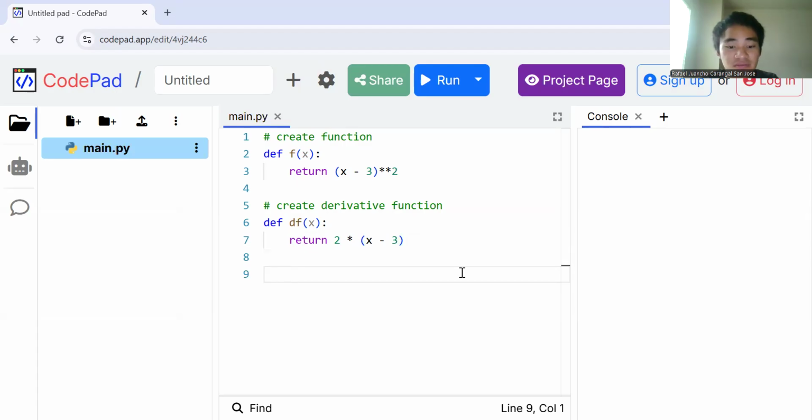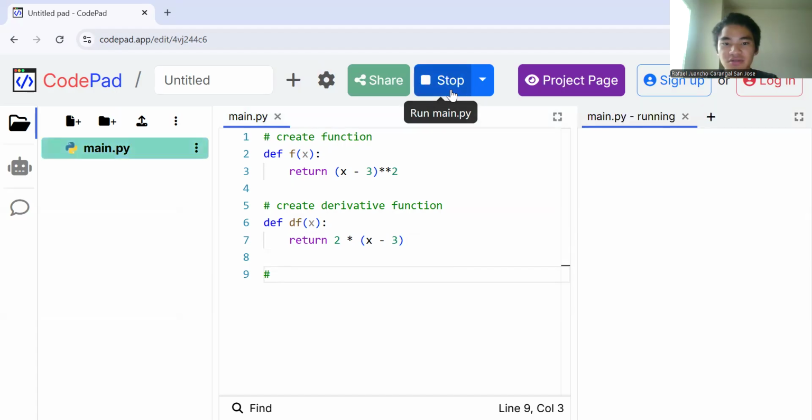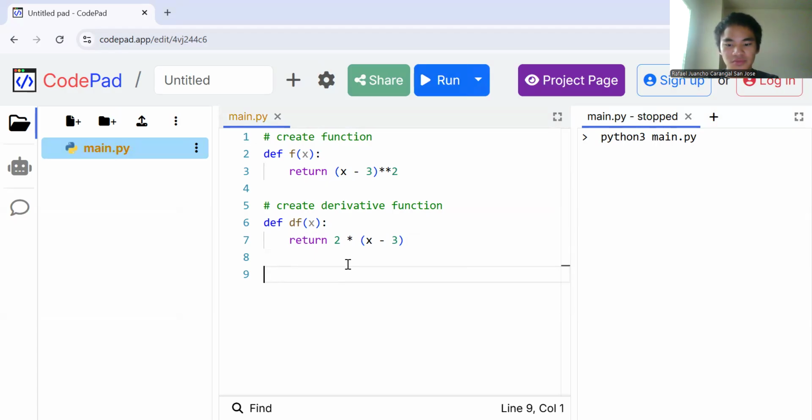And then from there, the next thing I'm going to do, let me see if it runs first, actually. I'm running Python 3. Okay, it runs. Next thing I'm going to do is start with an initial guess, right? I'm going to say x is equal to 0. My alpha is equal to 0.1, because that's my learning rate.